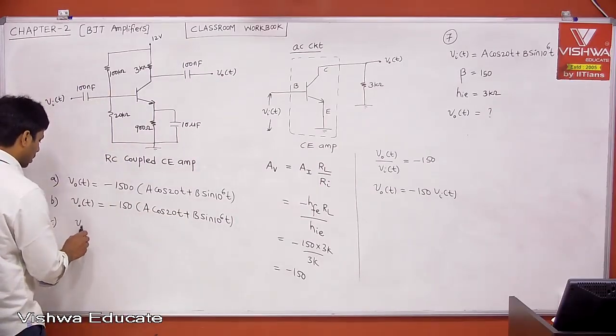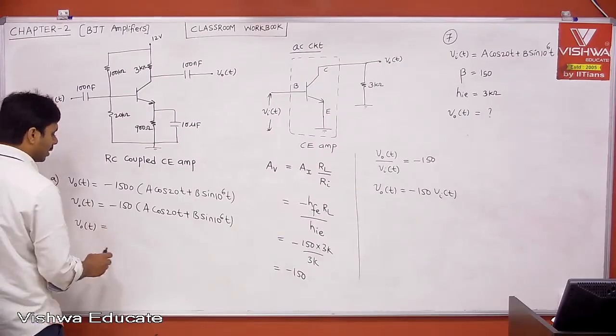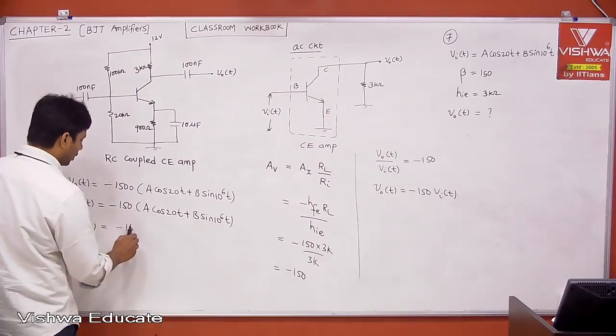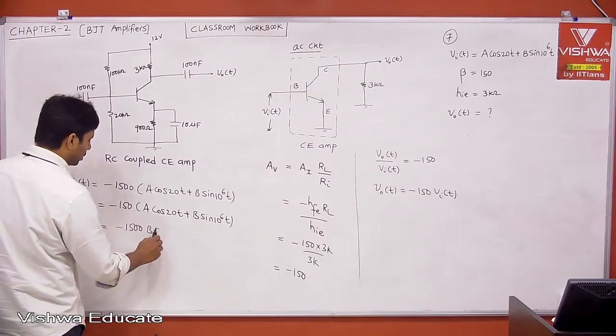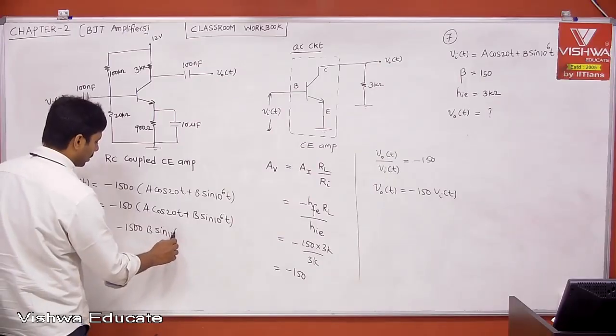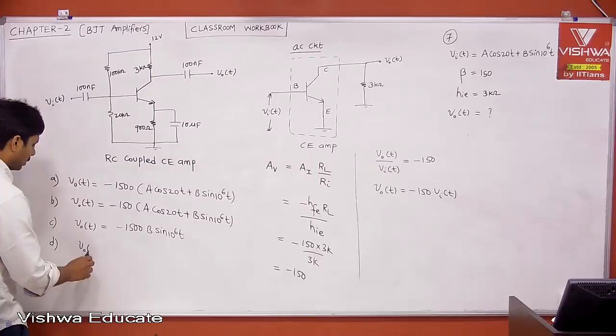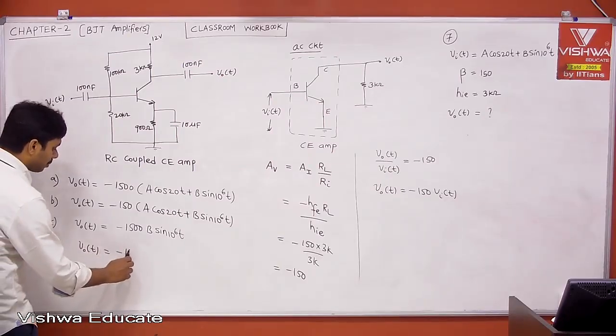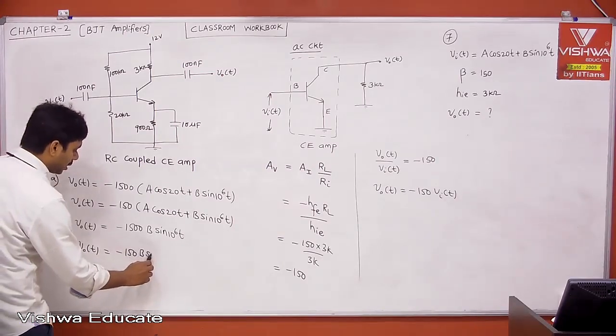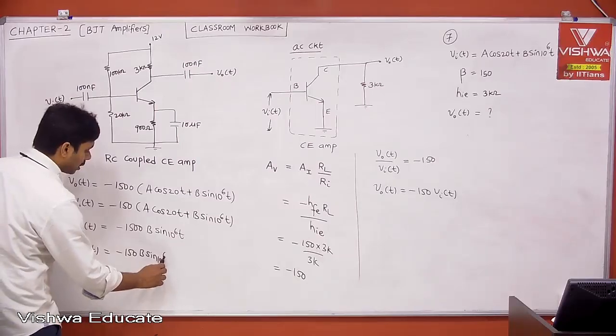Option C: V naught of t is equal to minus 1500 into B sin 10 to the power of 60. Option D: V naught of t is equal to minus 150 into B sin 10 to the power of 60.